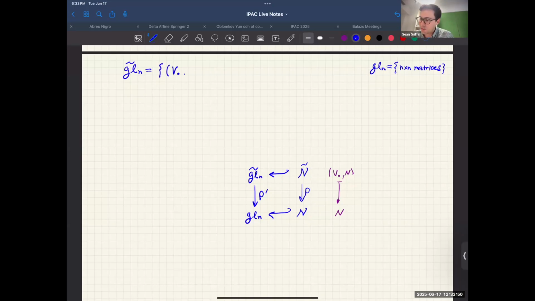So it's pairs of flags and matrices such that X sends V_i into V_i for all i.